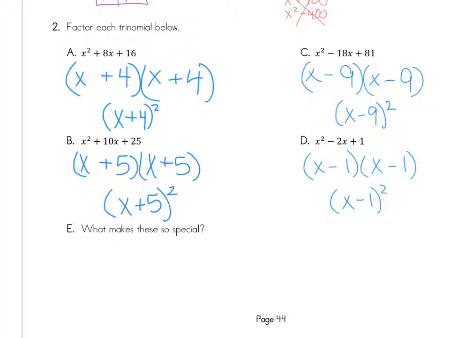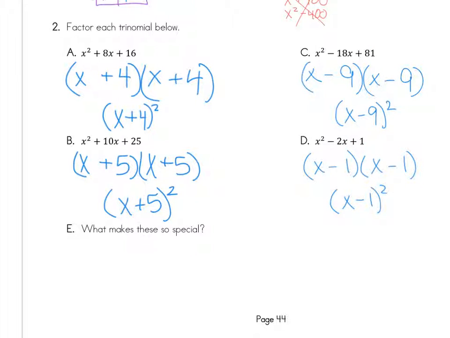Now part E asks us to summarize what exactly is happening basically in parts A, B, C, and D. If we notice our numbers here, this is a perfect square in all of my trinomials.